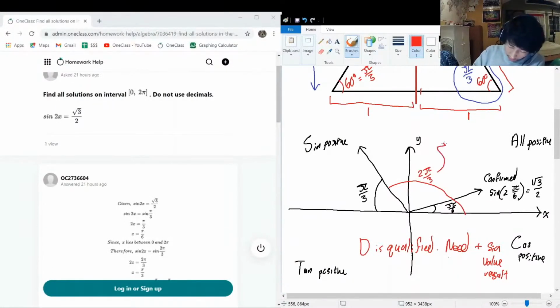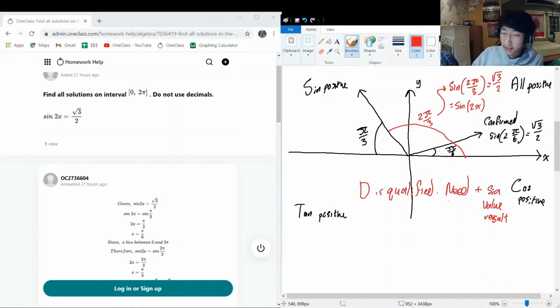Essentially, this means that sine 2 pi over 3 is equal to root 3 over 2. Ask your calculator. Your calculator should definitely agree with that. And this is equal to sine 2x.